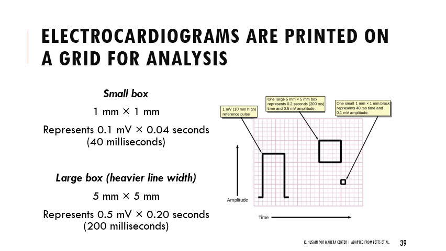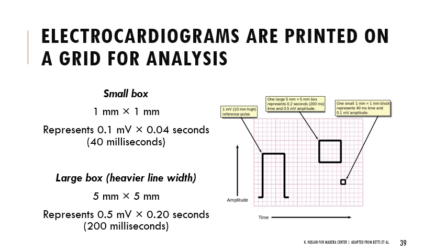The amplitude or the height represents millivoltage. Each tiny square is going to represent 0.1 millivolts in amplitude and 0.04 seconds, which is 40 milliseconds. You can see the bigger grid lines as well. So the heavier line width, those are representing 0.5 millivolts and 200 milliseconds or 0.20 seconds each.